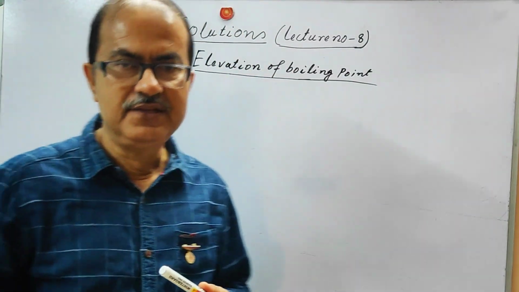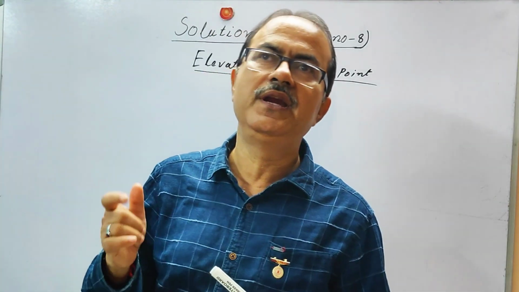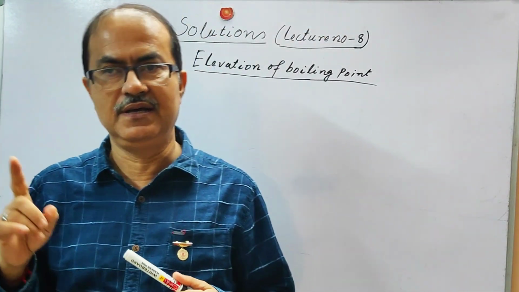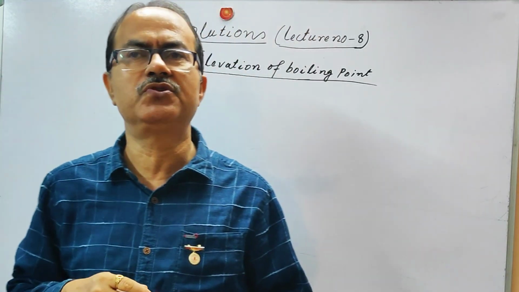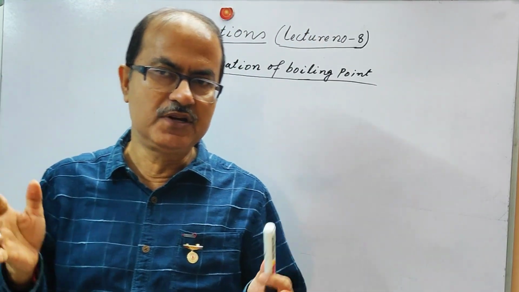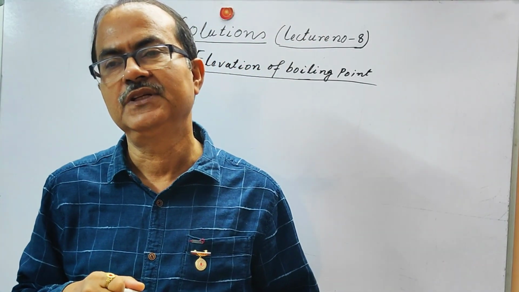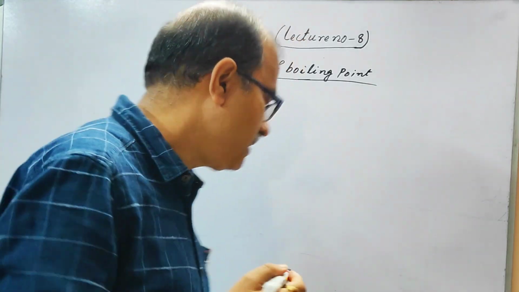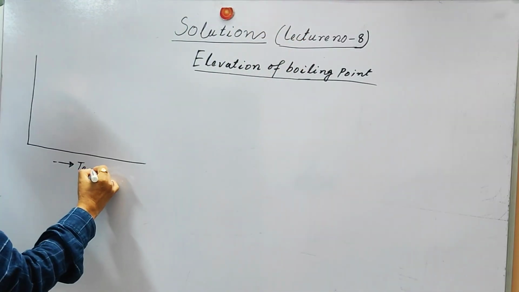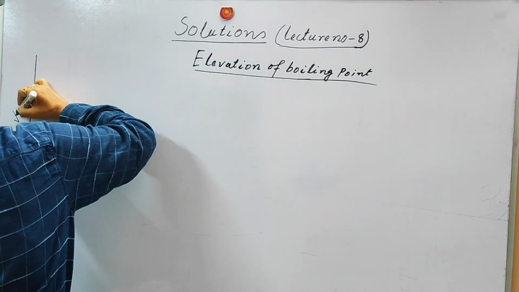To understand this, we have to understand one very basic thing that we already learned in class 11: when we increase the temperature of the solution, the vapor pressure of the solution increases. That can be easily understood from this graph also. On the x-axis is temperature, and on the y-axis it is the vapor pressure.